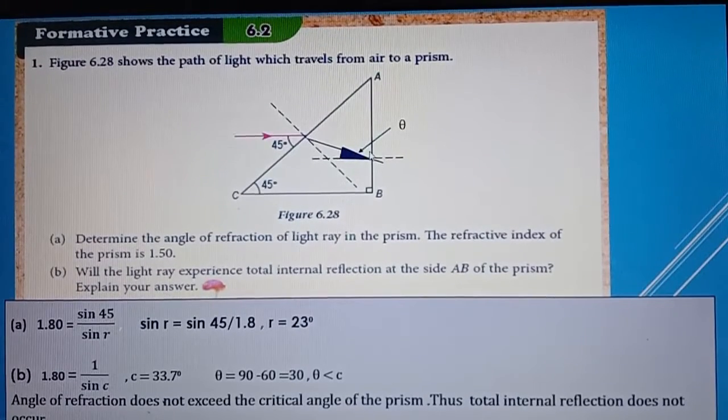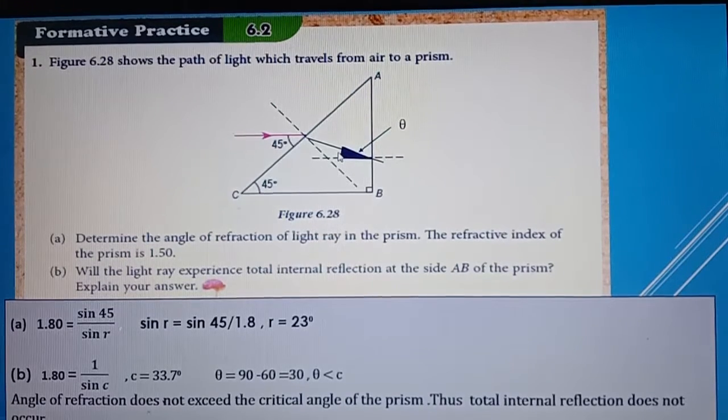Sorry, the angle here is about 68. It was just wrongly typed here. So here is 68, meaning this angle is 22. Okay, so you can calculate again for this one. I cannot get 30, but the value is lower, 90 minus this angle.